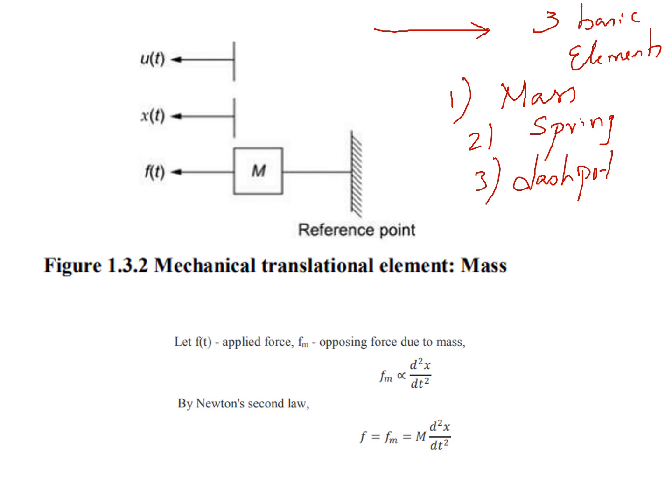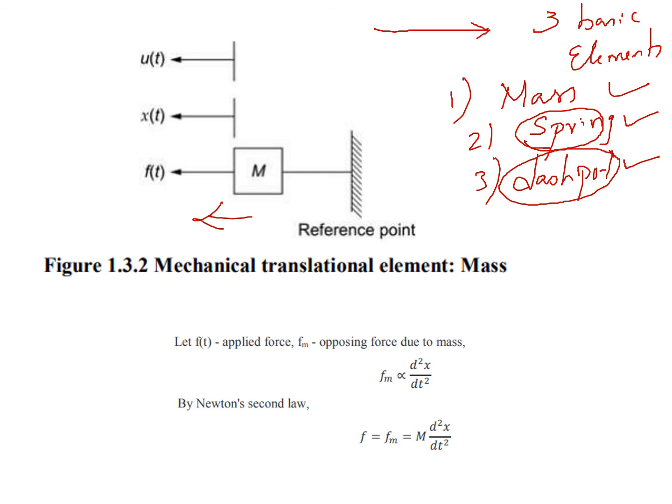If a force is applied to a translational mechanical system like this, then it is opposed by opposing forces due to the mass, elasticity and friction of the system. Spring is elasticity, friction is the dashpot.